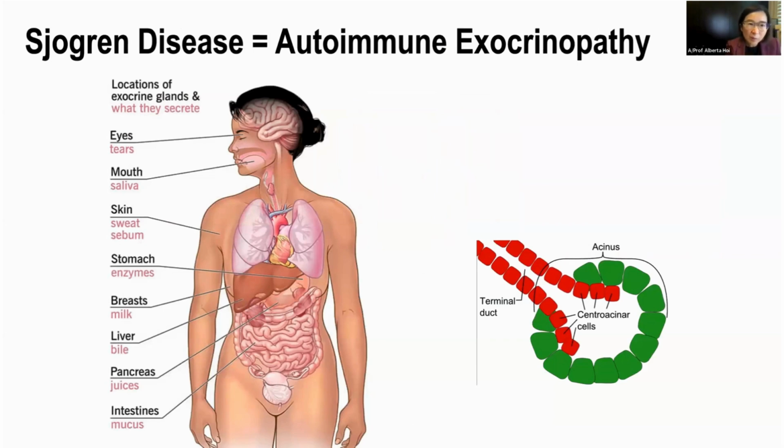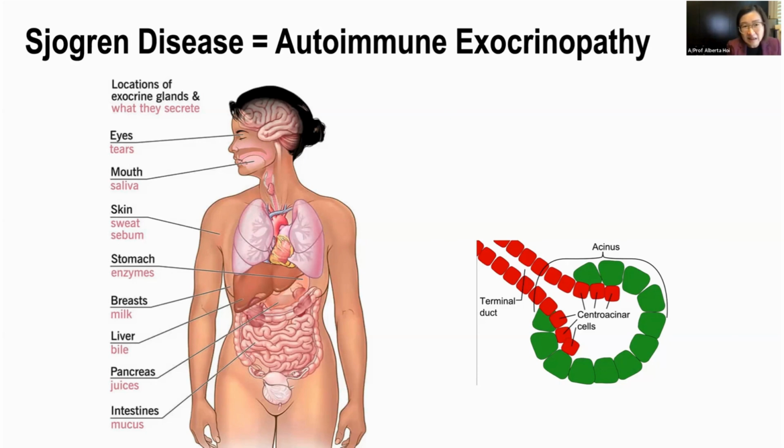So when we come back to these moisture-producing glands, there is a medical term, exocrine gland, that describes this type of gland. It can actually be quite widespread. It's not just restricted to the tear glands and the salivary glands.